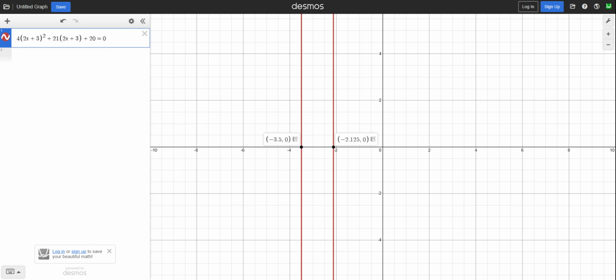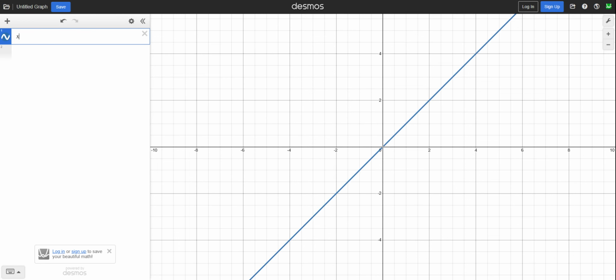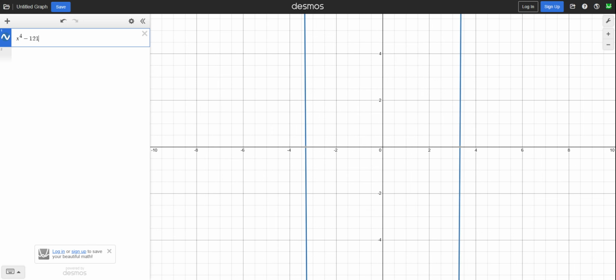Both of them gave me the same thing, with or without the equals 0. Uh-oh.